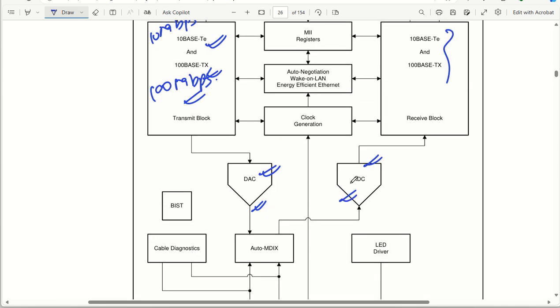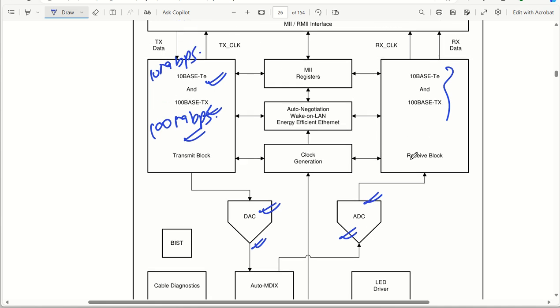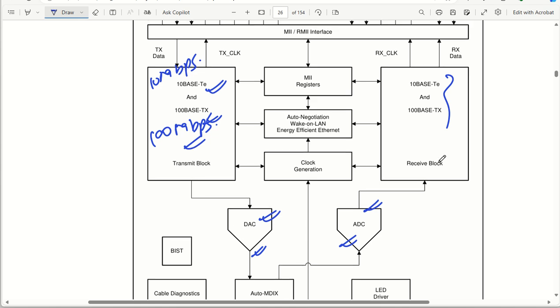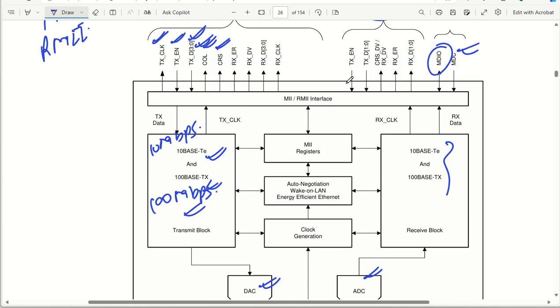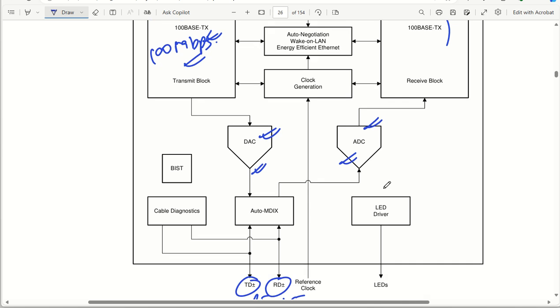This ADC block converts the analog signal to a digital signal, and then sends it as digital outputs to the MAC device. Okay. So this was the complete block diagram of this particular IC.